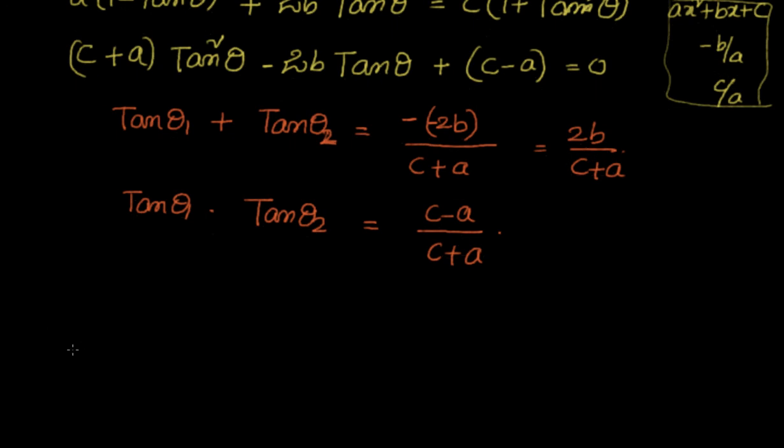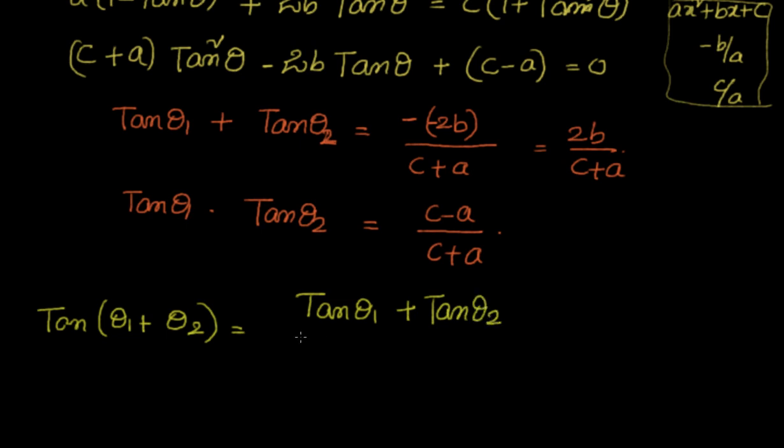Now we already have values for all of them. We have just found them. Tan theta 1 plus tan theta 2 is 2b by c plus a, by 1 minus tan theta 1 into tan theta 2, which is nothing but equal to c minus a by c plus a.